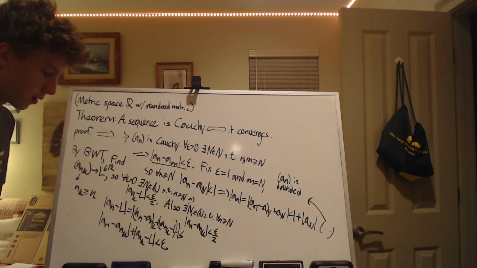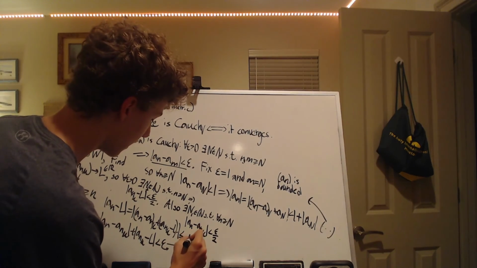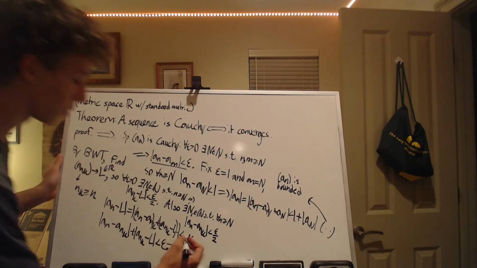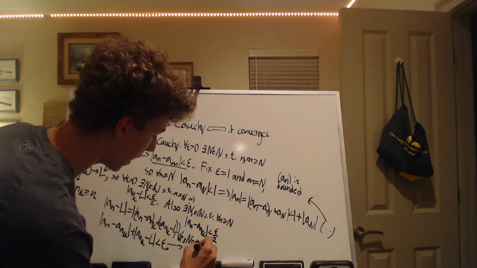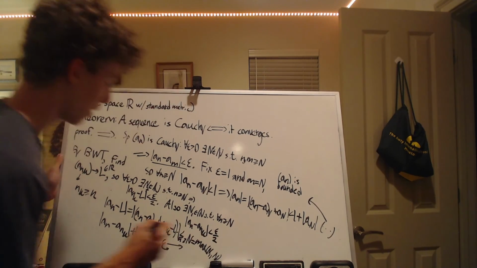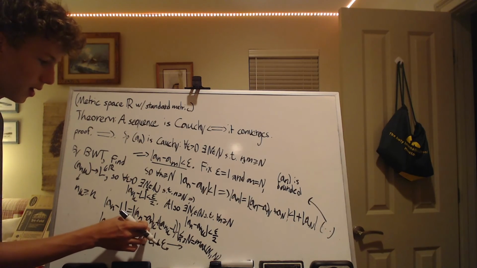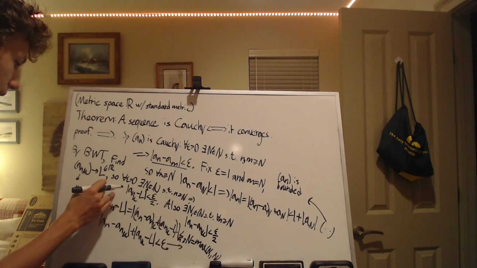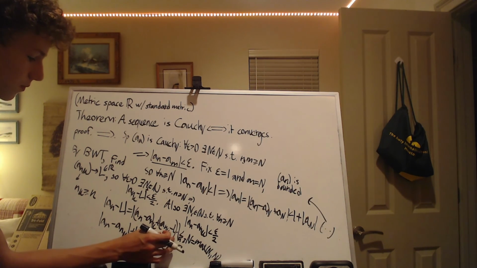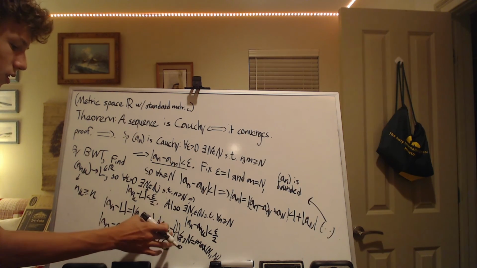So what have we shown? Actually, I should be careful here: this is for n greater than or equal to capital N, which is going to be defined by the maximum of n1 and n2, because this holds for all n greater than or equal to n1, and this holds for all n greater than or equal to n2.